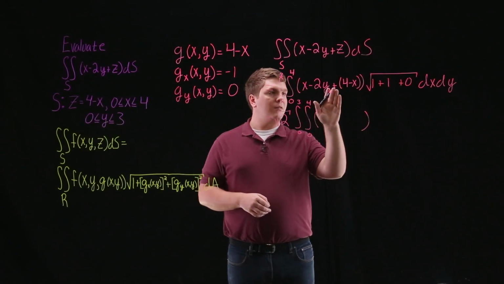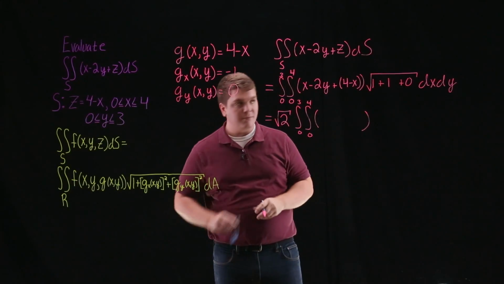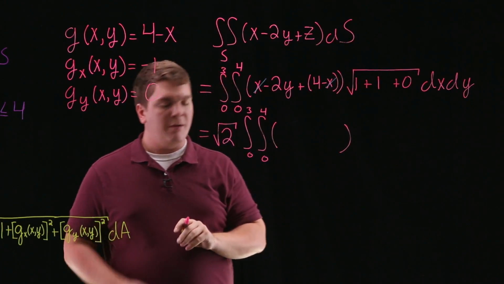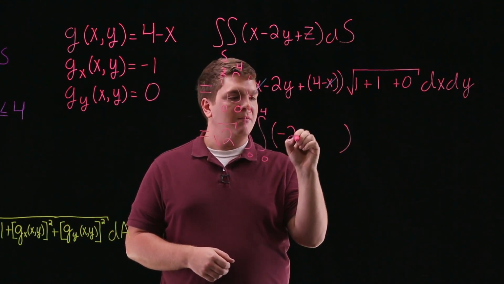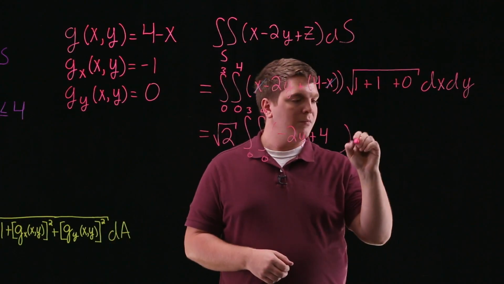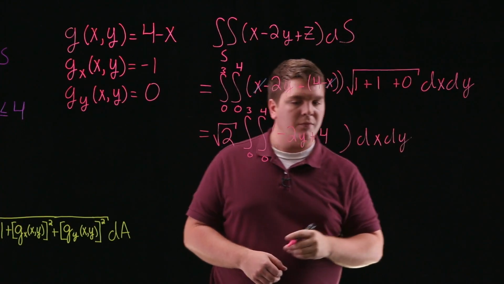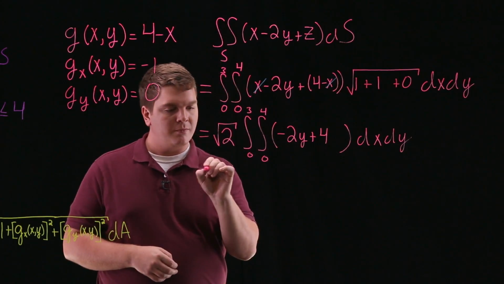Here we have an x minus x, so these two x's are going to cancel. And what we're left with as the integrand is -2y plus 4, and then dx dy.